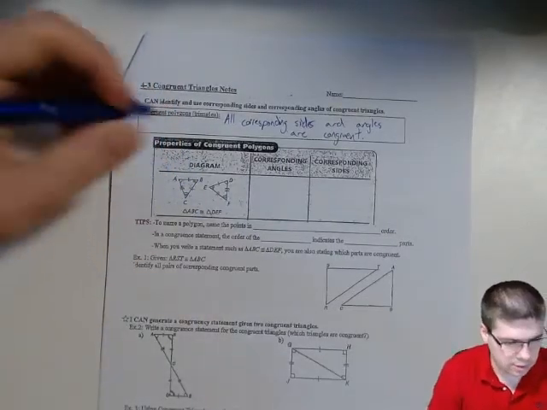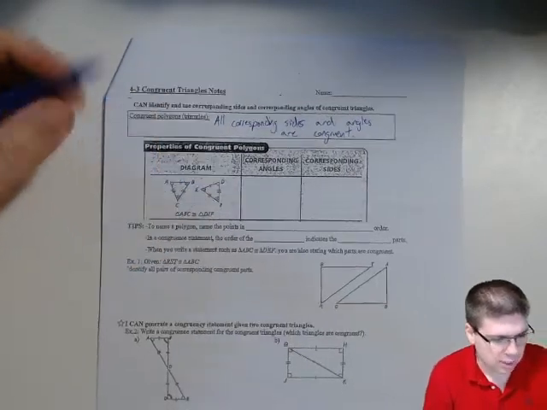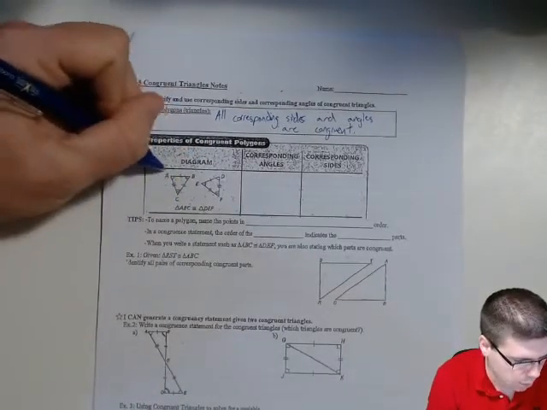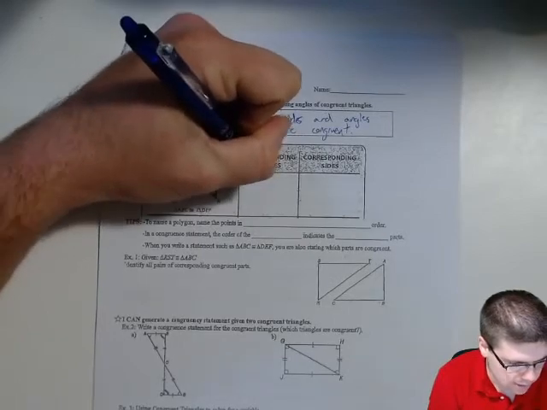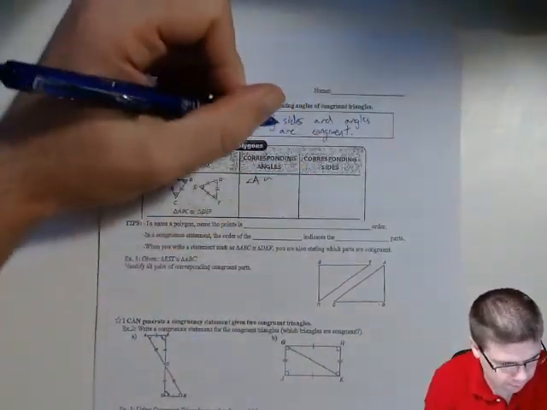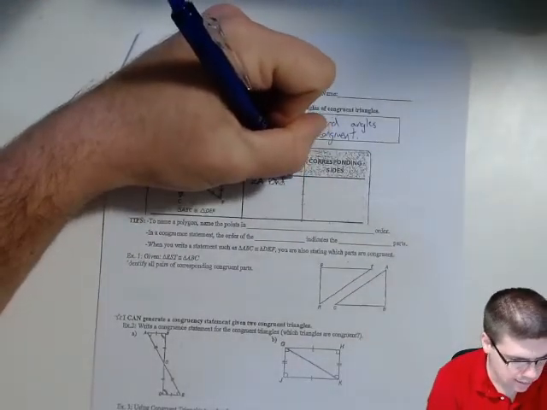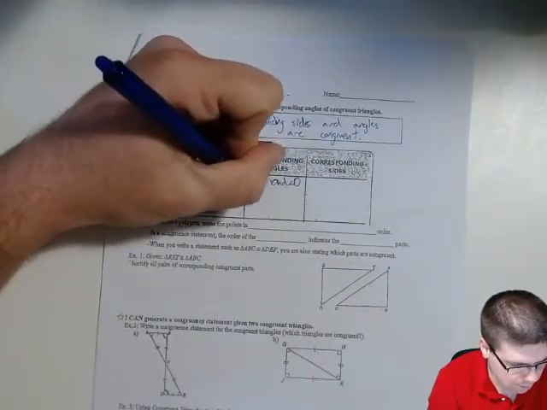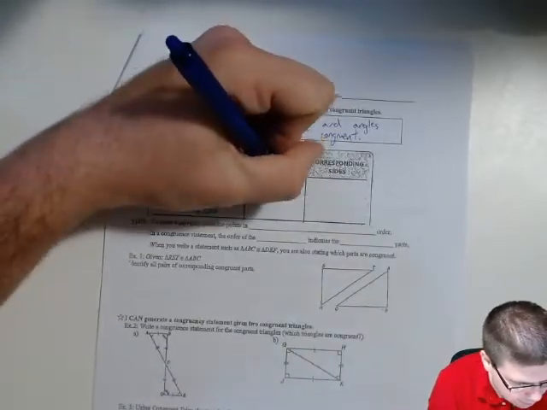congruent triangles. So we have two triangles here being marked as congruent: ABC congruent to DEF. And so we have corresponding angles that are congruent. So angle A corresponds with angle D. I'm just going to say A and D go together, and then angle B and angle E go together.